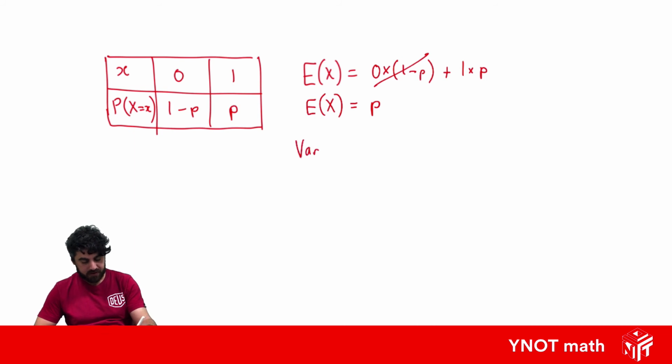We know our variance of x equals the expected value of x squared minus the expected value all squared.